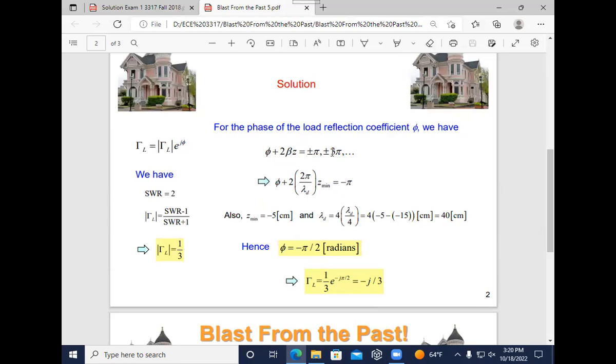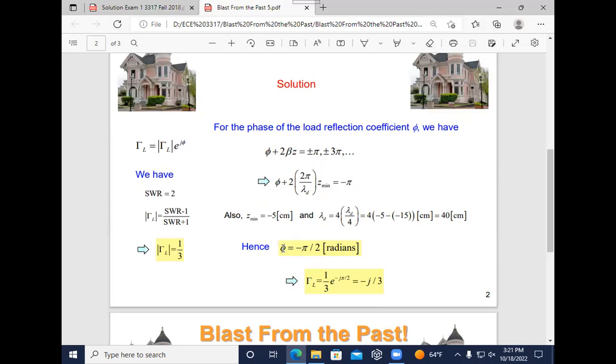Now, if you pick any other value, instead of negative pi, you pick plus pi, negative 3 pi, plus 7 pi, all you're doing to the right-hand side is adding some multiple of 2 pi. Right? Now, that means your final phase angle, phi, for the reflection coefficient, is going to be different by some multiple of 2 pi.